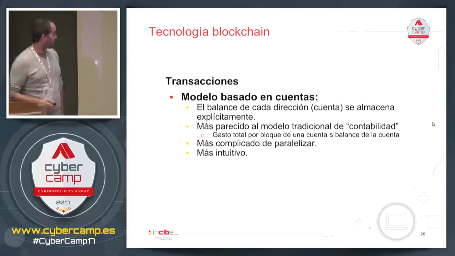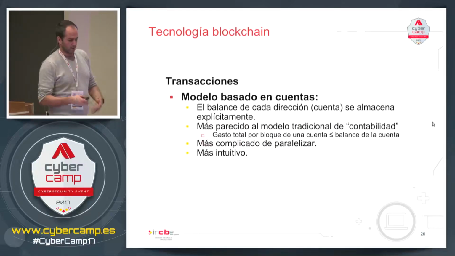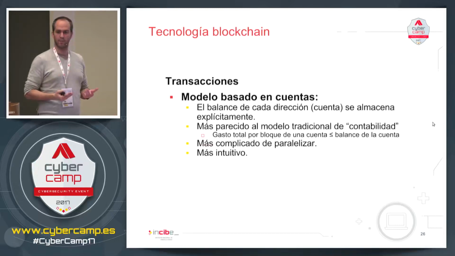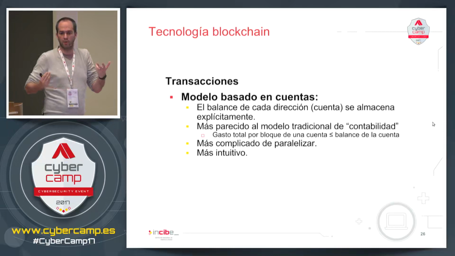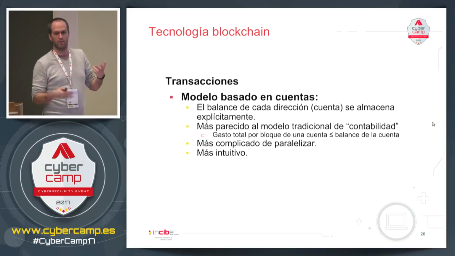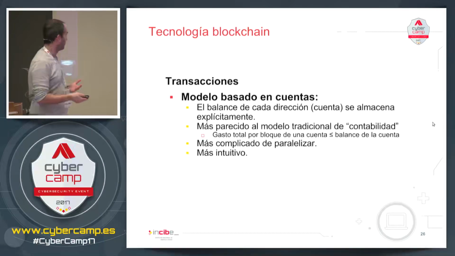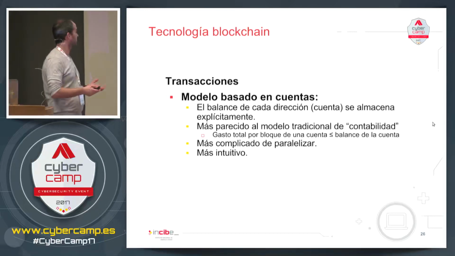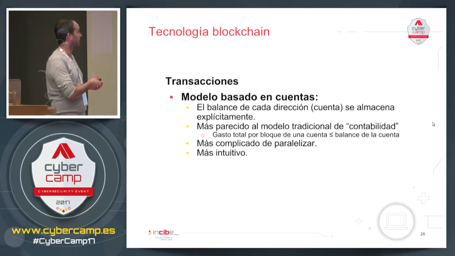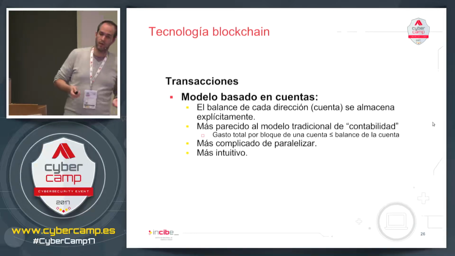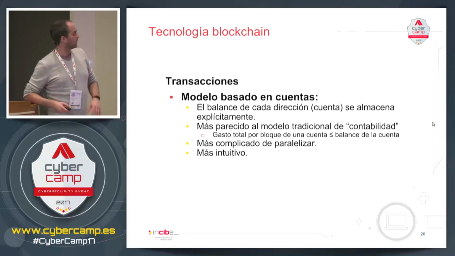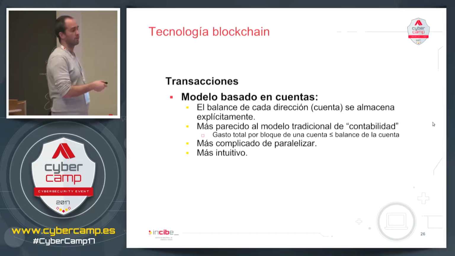The account-based model is a traditional model, which we're most used to using. Basically, each address has its amount attached to it, and every time you want to do a transaction, you just say it's equal to the total balance of this account.